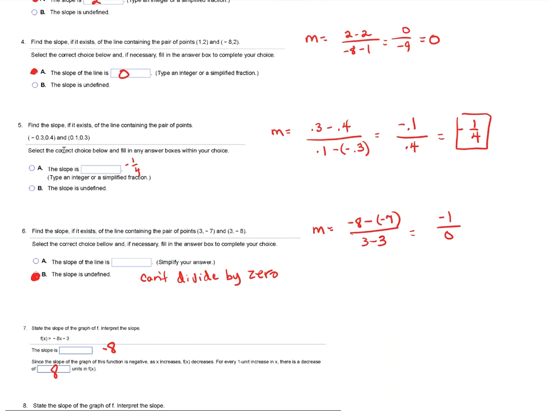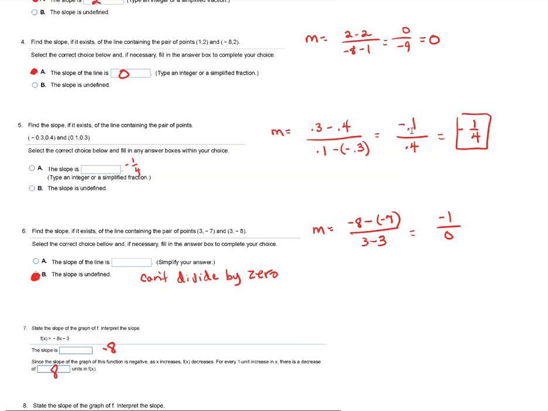Number 5. Find the slope, if it exists, of the line with these points. And these are decimals. So we've got 0.3 minus 0.4 over 0.1 minus a negative 0.3.